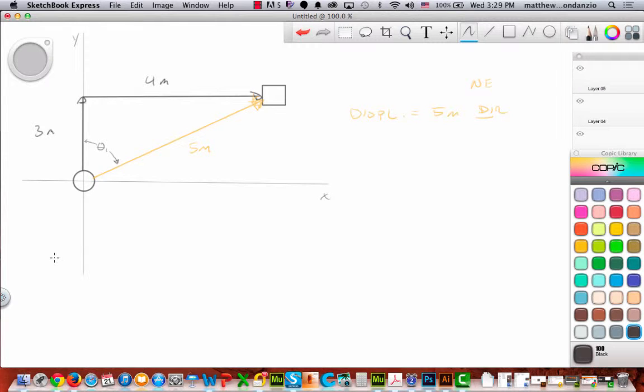Can you guys see that? So you could say, hey, my displacement is 5 meters at theta 1 degrees from y. And y is your vertical because you set it on a coordinate. Y is my vertical. But here's the thing.